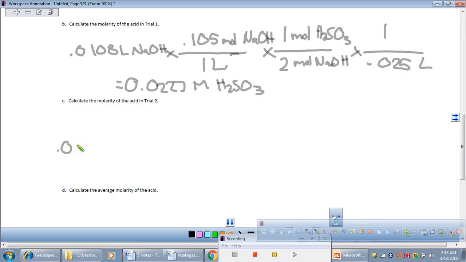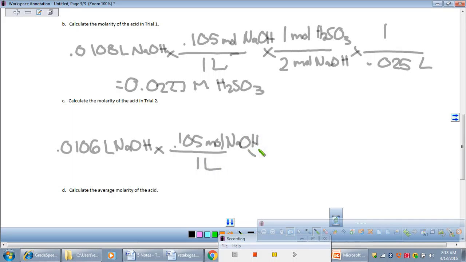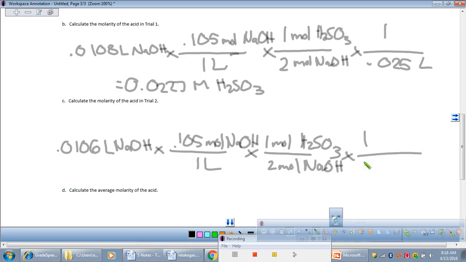What's different is your given. This time we started with this many liters of NaOH. So you're going to, again, multiply by the molarity of your known base. You're going to use your mole ratio to convert from base to acid. And then in order to get to molarity, you divide by your liters, which is the same for both trials.